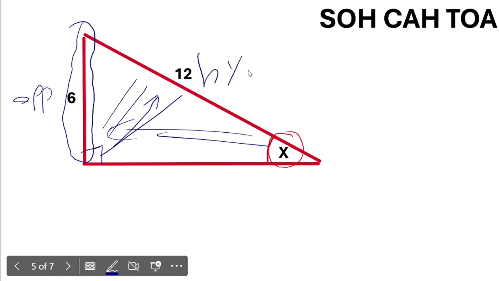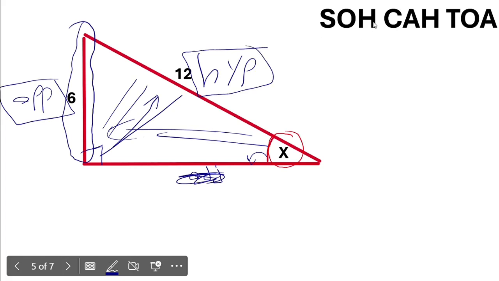Here hypotenuse is equal to 12, and the side next to angle x is called adjacent. Now I want to find x. Here adjacent is no number, it is unknown, I don't want it. I have opposite and hypotenuse. Now we use SOH because I have opposite and hypotenuse.